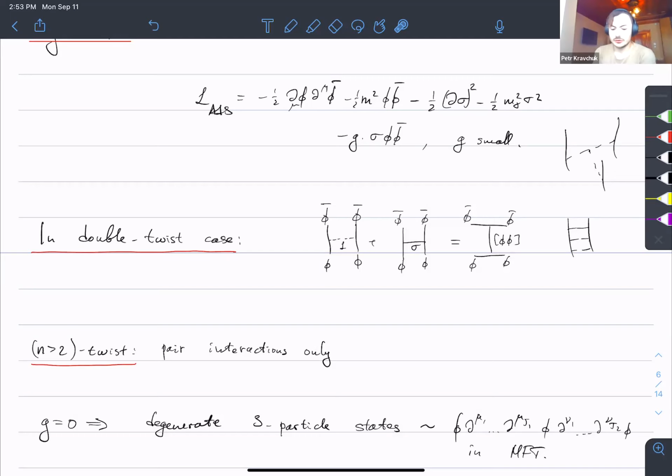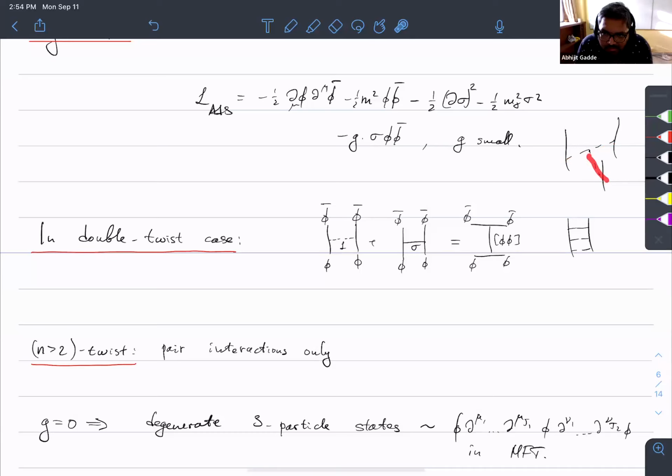Yeah, but they also have higher orders in J because each of these things has to propagate distance log J. Okay, I see. A similar thing applies if you imagine that sigma had a cubic interaction that would produce, at leading order, say the three particle interaction.